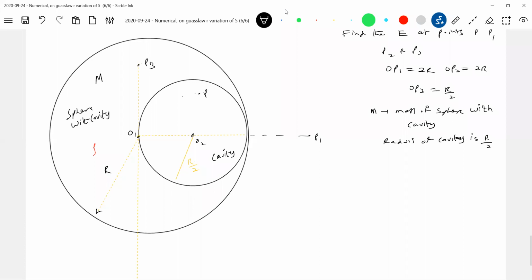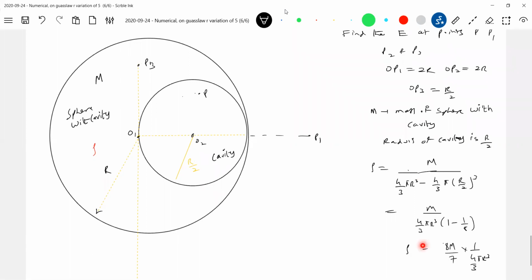Now, first, how do you define density? Density equals mass by 4/3 pi r cube minus, there is no mass here in the cavity. One minus 1/8, so this will become 8m/7.